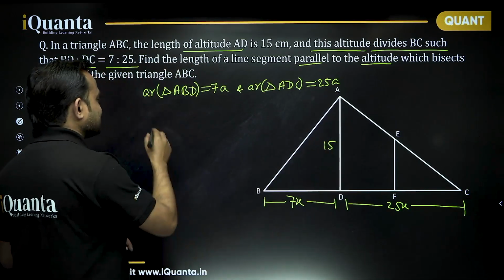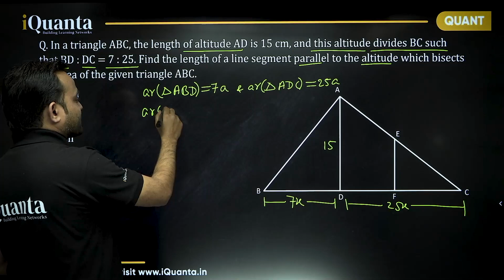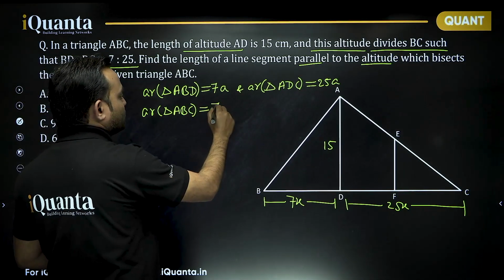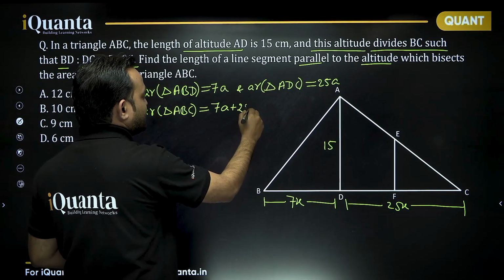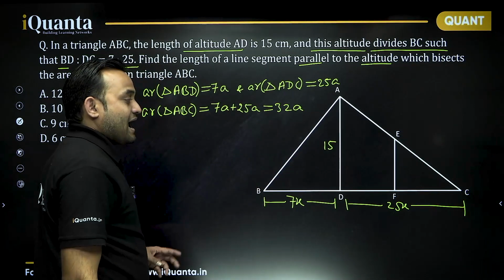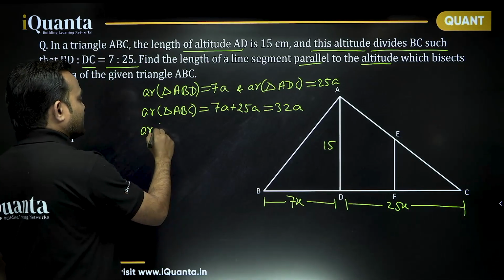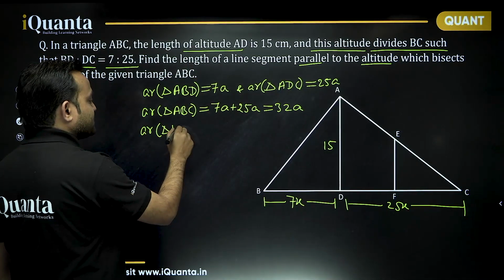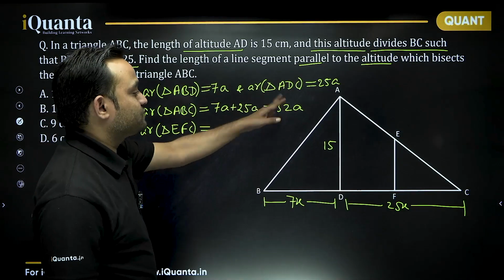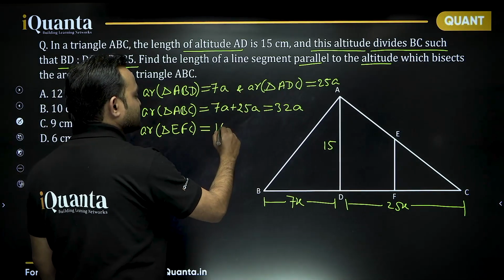In that case, can we say that area of whole triangle ABC will be equal to 7A plus 25A, which is equal to 32A. And what is area of triangle EFC? So EFC will be equal to half of the triangle ABC, which is 16A.